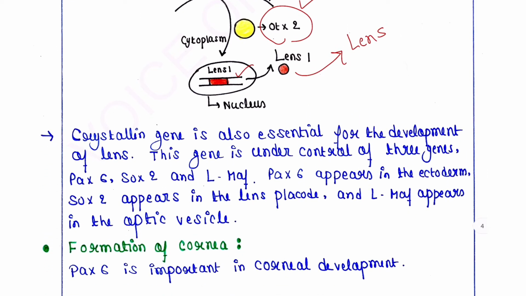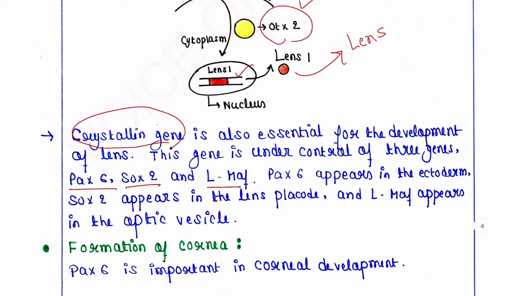Crystalline gene is also essential for the development of lens. This gene is under control of 3 genes: PAX6, SOX2 and L-MAF.